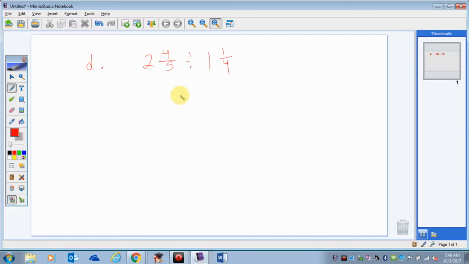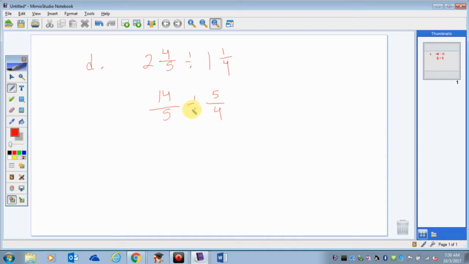Alright, at this point you should have worked this problem. Hopefully you got it correct, but let's check and see. Got to change both of these into improper fractions. So 2 times 5 is 10, plus 4 is going to give me 14 over 5 because the denominator stays the same. Bring down my division symbol. 1 times 4 is 4, plus 1 is 5, so 5 over 4.